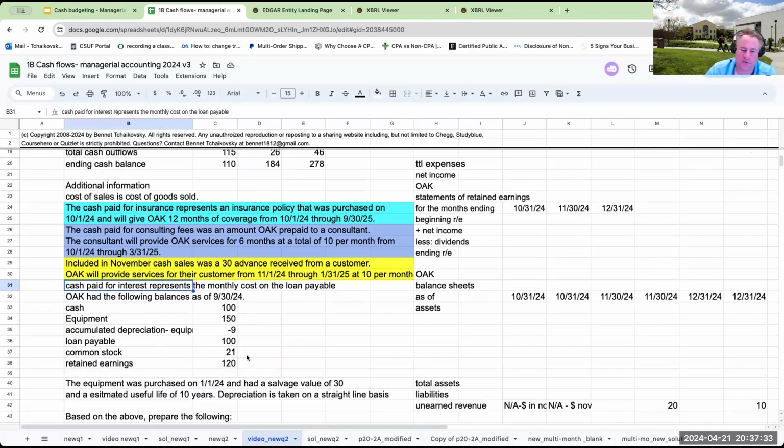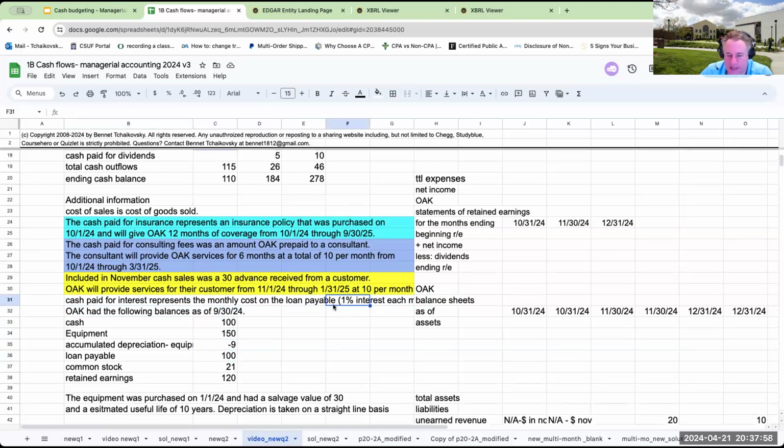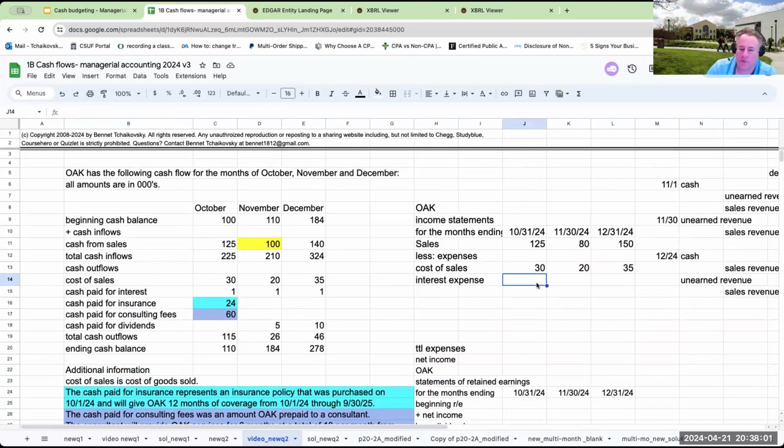And so what you would just do here, and I could also say here, the interest, just say 1% interest each month. Okay, so I have the following balances as of September 30th, 2024. Okay, so we have the loan payable. When I multiply that by 1%, I get $1,000. But right over here, we're going to have interest expense of 1,000 each month.